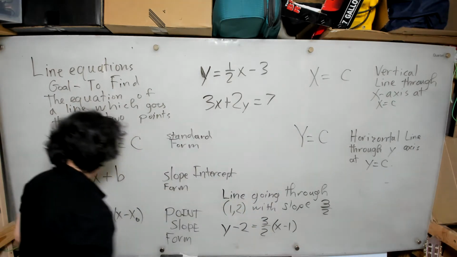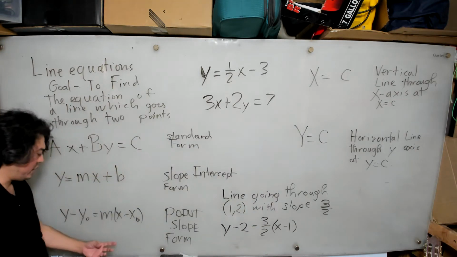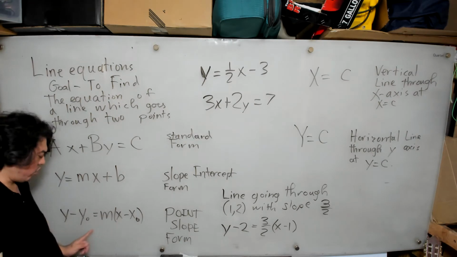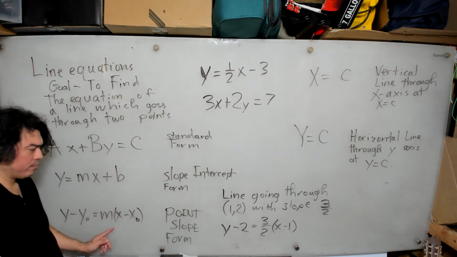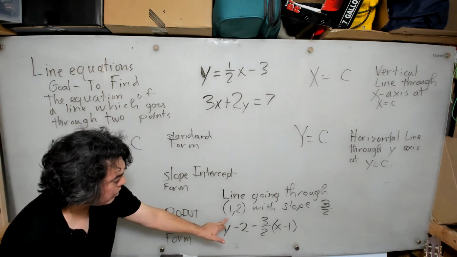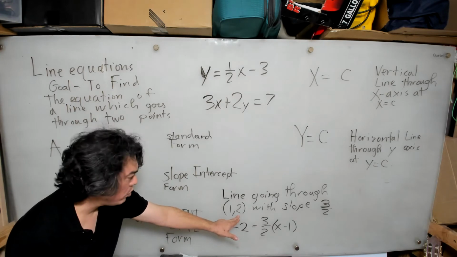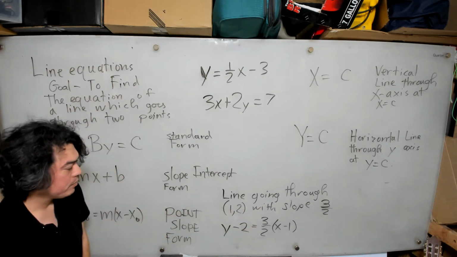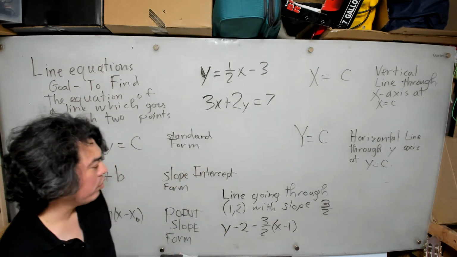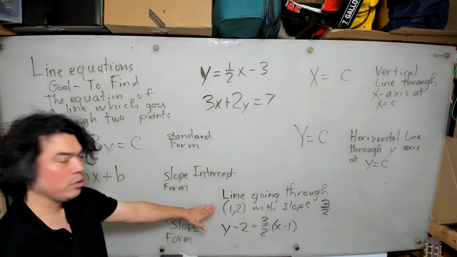Okay, because what this equation says is that it's the equation of the line going through the point x naught, y naught with slope m. So here my x naught, y naught is 1, 2. X naught is my 1, y naught is my 2, and my slope is 3/2. Okay, and so that would be the equation going through the point 1, 2 with slope 3/2.